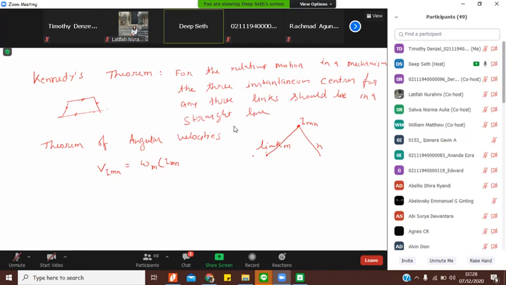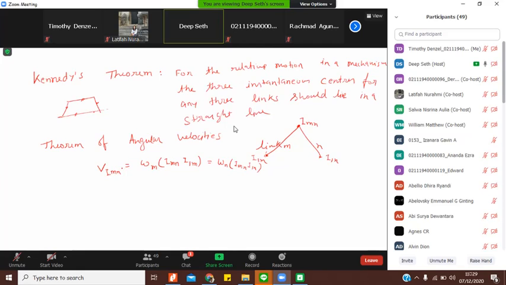Let's say it's here I_1M, or it is I_1N. I'm just considering these 2 points as other instantaneous centers with some other links maybe connecting. So here I can write I_1M, and this will be equal to omega_N into I_MN I_1N.